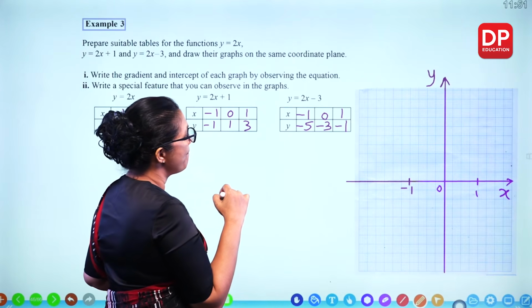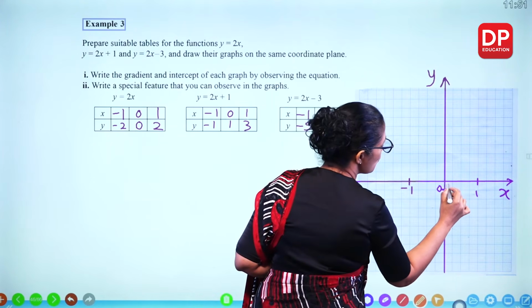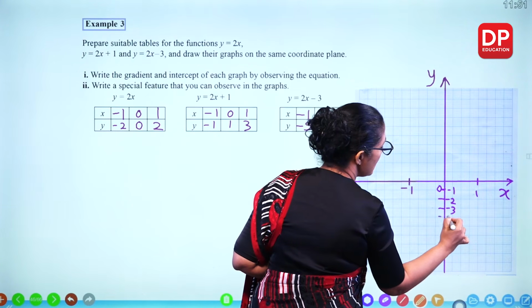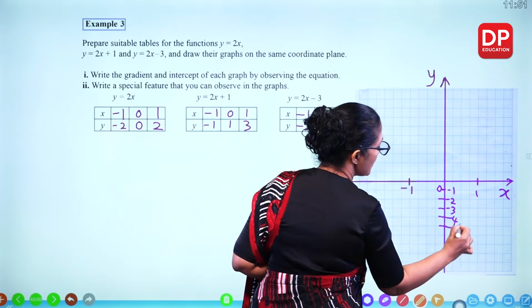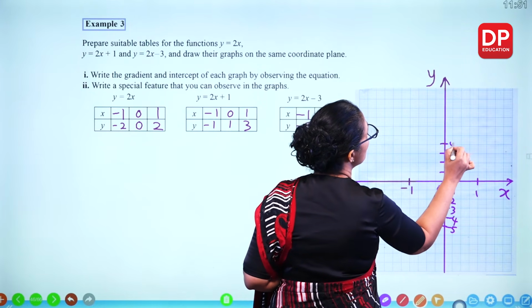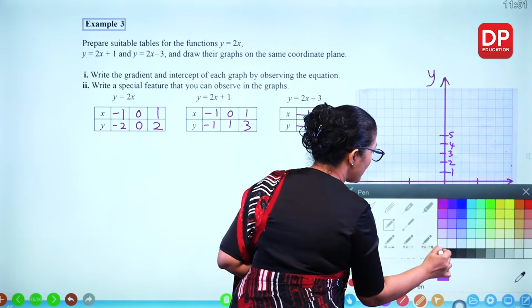Now, y-axis up to -5. So we'll take 1 square, 1 unit, -1, -2, -3, -4, -5. Here 1, 2, 3, 4, 5. Now we'll mark the points.